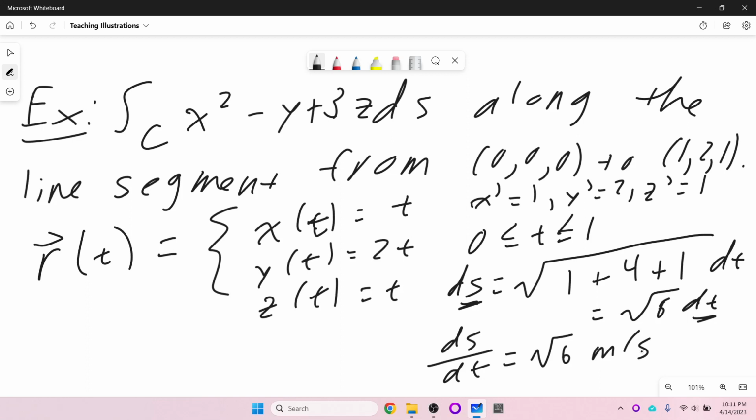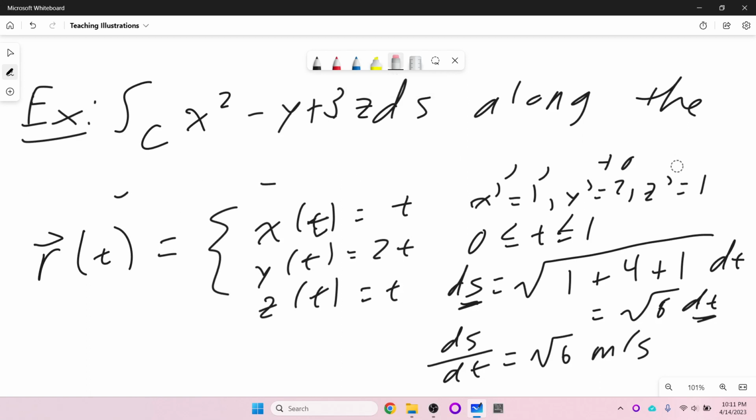As we said, our theory is that ds always needs to be in terms of arc length, of distance. So by multiplying this, we cancel out seconds and replace it with meters. We're in distance. We can do that without having to do the whole thing of rewriting s in terms of different variables.